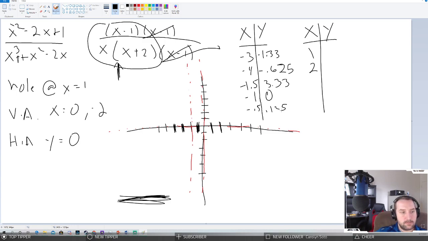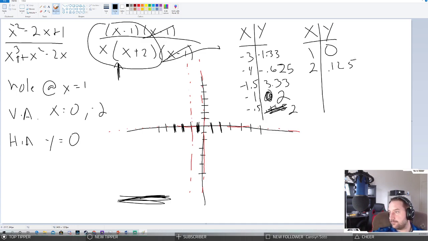At negative 1, we got 2. I jumped ahead here. At negative 0.5, we also got 2. Then at 1, we got 0. And at 2, we got 0.125. There we go. So let me just double check all the values. Good. Negative 4. Good. Negative 1.5. Good. Negative 1. Good. Negative 0.5. Yes. Okay.